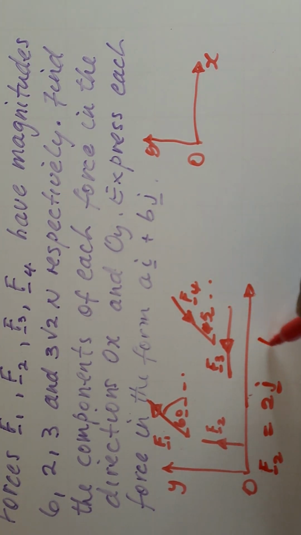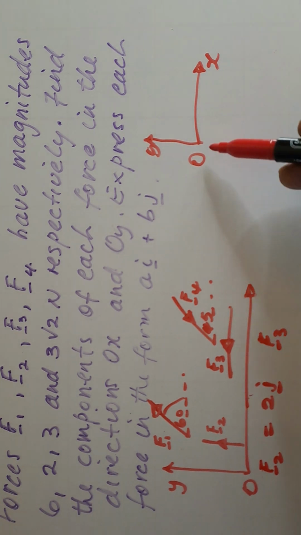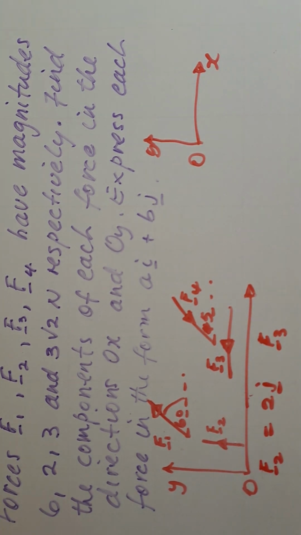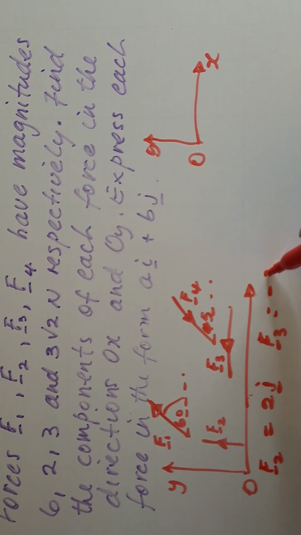If we look at F3, F3 is acting in the opposite direction to OX, so it's negative, and the value is 3 newtons. So we just have minus 3i, so it's acting in the opposite direction of OX.